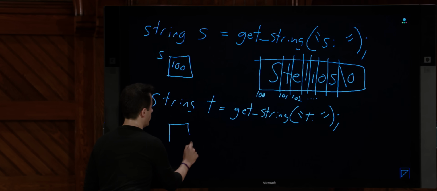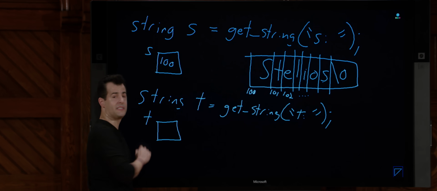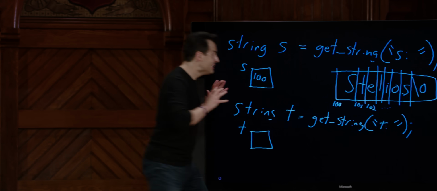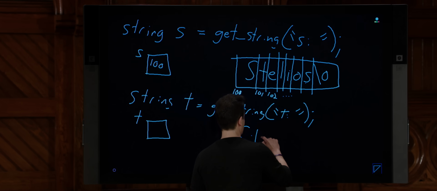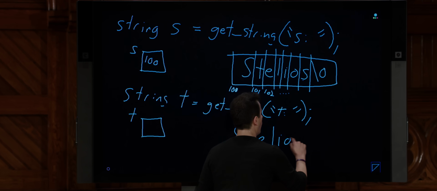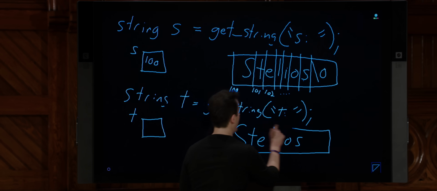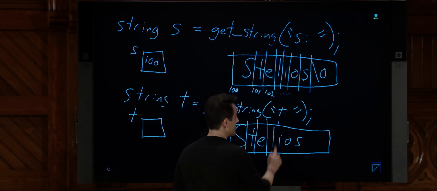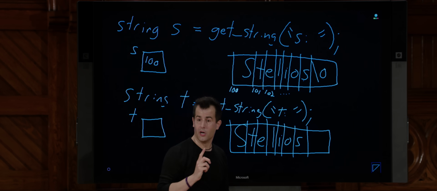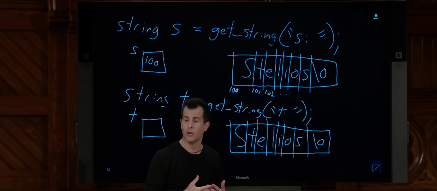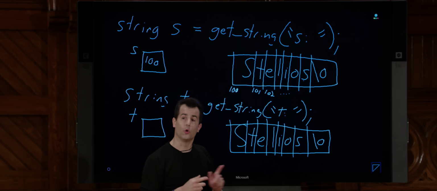This is saying, hey, computer, give me a chunk of memory, call this chunk T, and then even if the human types in literally the same thing, like STELIOS, that is underneath the hood just an array that we can keep drawing like this. And of course, the computer for us is going to put that \0 because the computer's been doing that for the past few weeks.